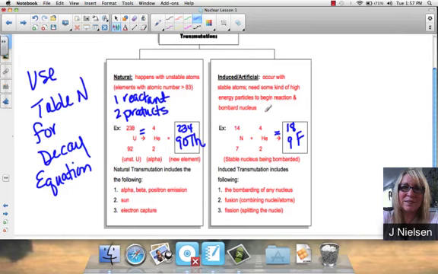And in artificial, we have 2 reactants, and normally it's 1 product, but can be 2. And that's because sometimes the element that it's changing into might give off an extraneous nuclear particle like a neutron or something.